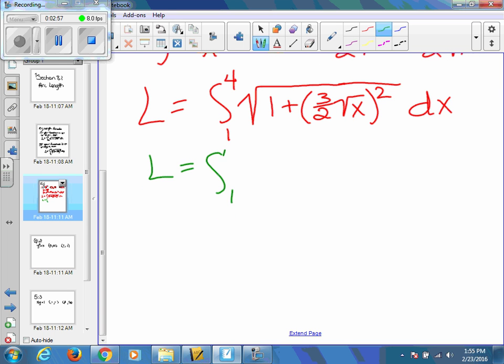If I then simplify that as much as possible, 3 squared is 9, 2 squared is 4, and the square root of x squared is just x.